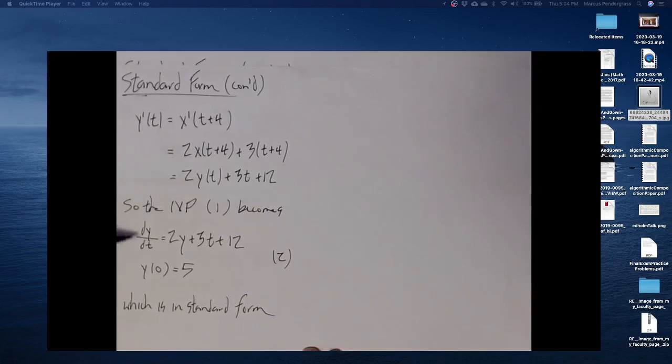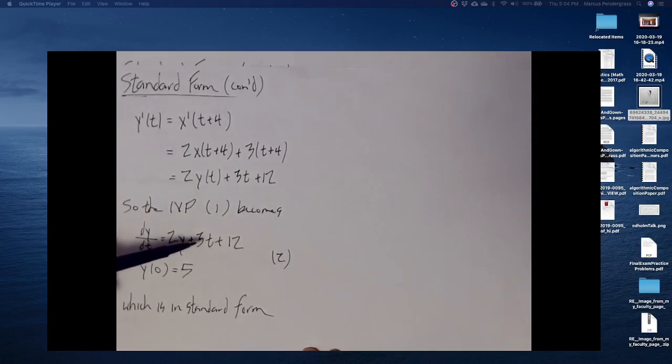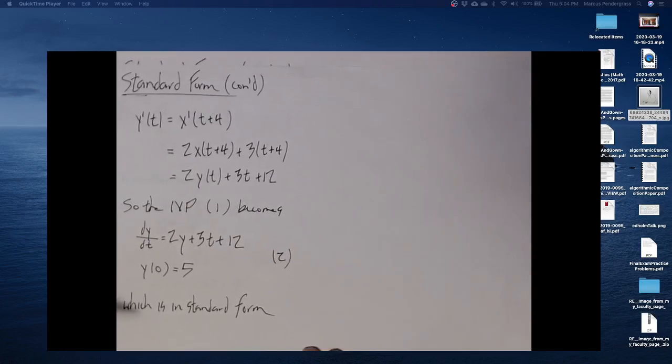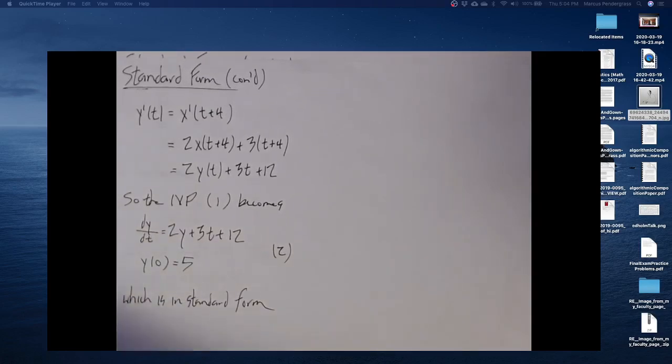Rewriting that in Leibniz notation, dy/dt is 2y plus 3t plus 12, and we already saw that y of 0 equals 5. That is an initial value problem in standard form.